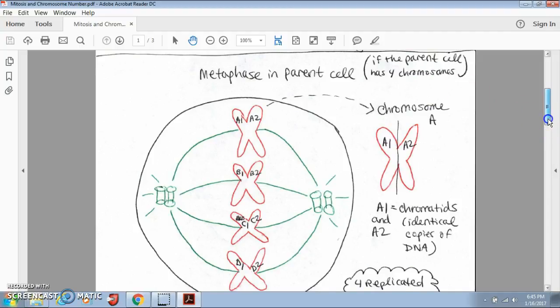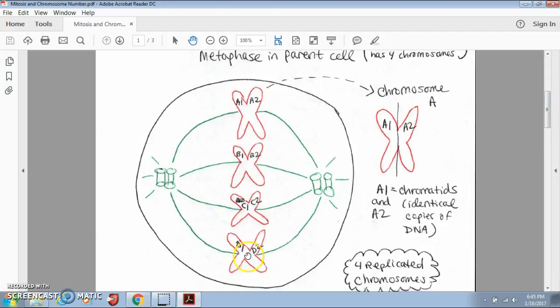So I've shown my 4 chromosomes lining up at the center of the dividing cell. That center line is called the metaphase plate. And I've labeled my chromosomes. This is chromosome A, this is chromosome B, this is chromosome C, and this is chromosome D. If we look more closely, we can see that each one has a number 1 side and a number 2 side.